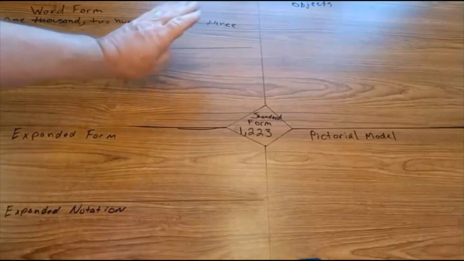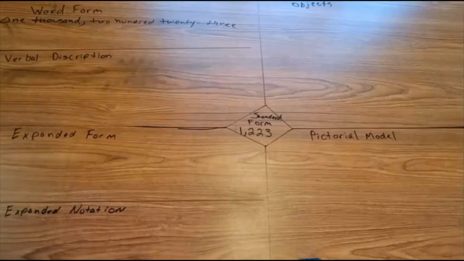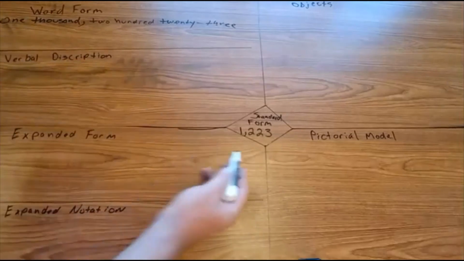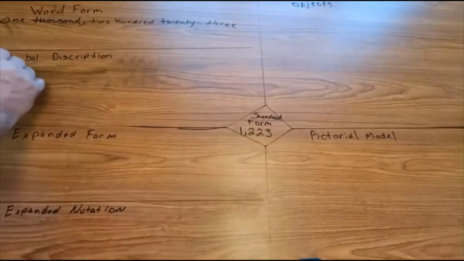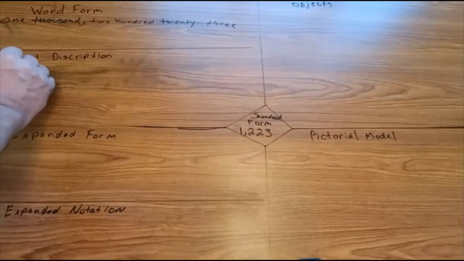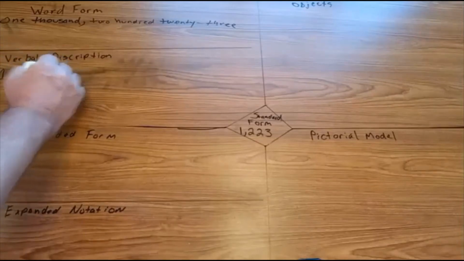There's 30. 1,223. So I'm going to do a verbal description for the same thing. How we do verbal description is we basically use standard form and word form together. So that's 1,000. So I just wrote the one digit. I'm going to put a comma right there.